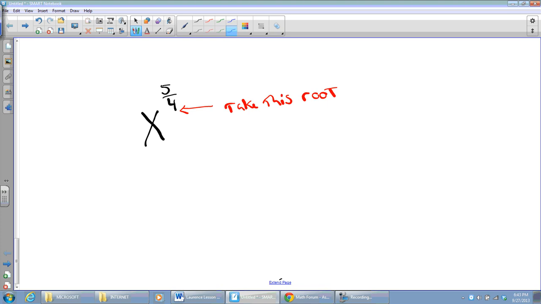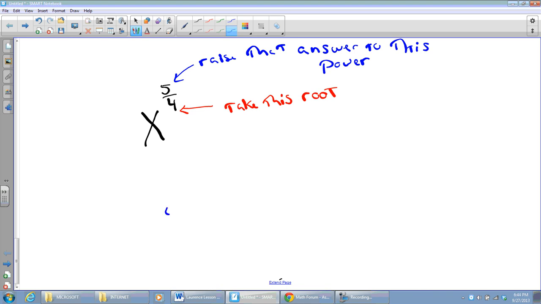And the numerator tells you to raise that answer to this power. So we take the root first and then we raise it to the power.